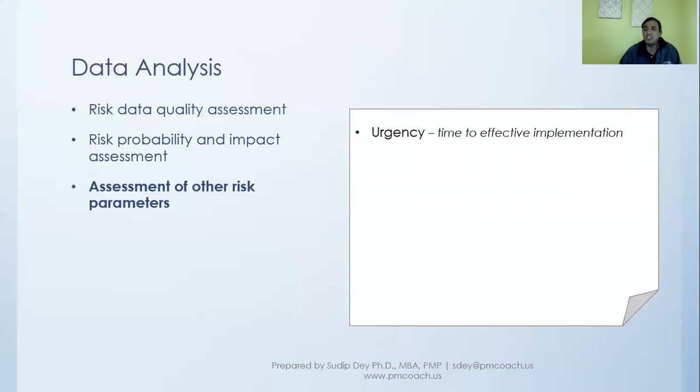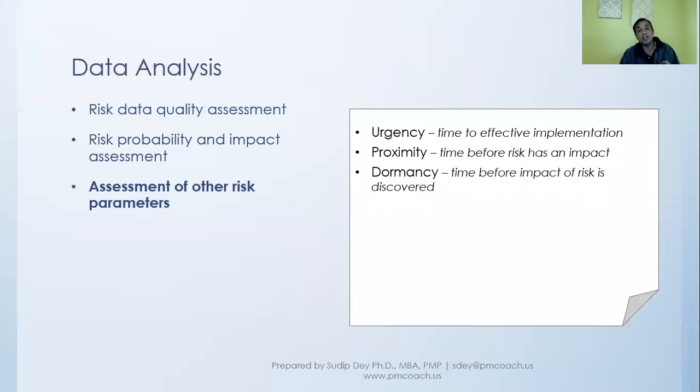For example, urgency, the time to effective implementation. If you have to implement it very quickly, then there is high urgency. Then proximity, the time before the risk has an impact. If the risk comes in and immediately it has an impact, we say it's a very low proximity, and that will affect how you prioritize your risk.